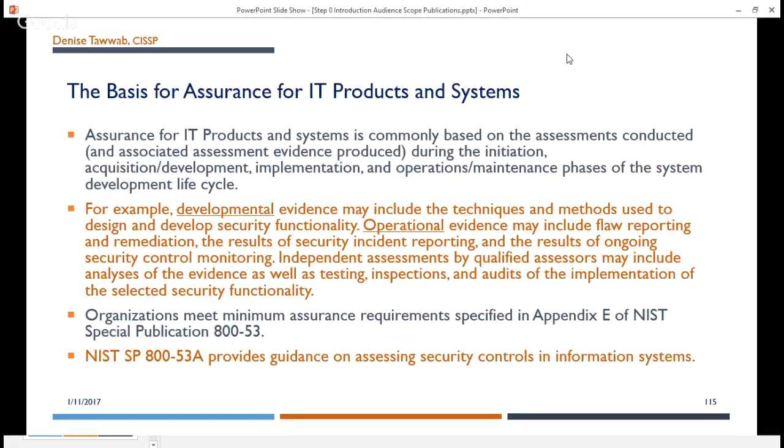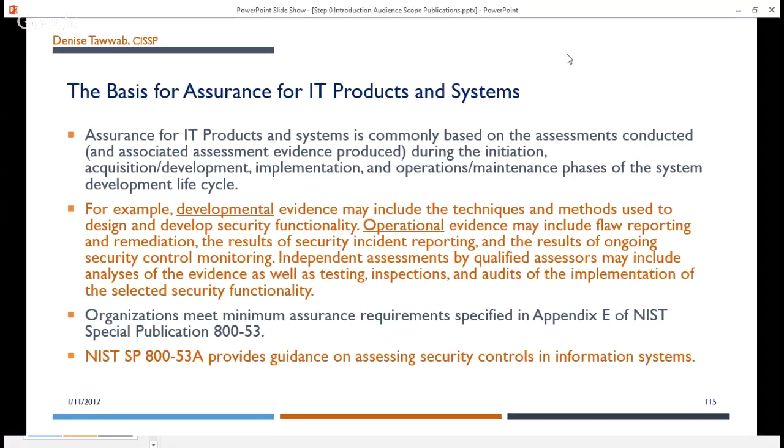All right, the basis for assurance for IT products and systems is commonly based on the assessments conducted during the initiation, acquisition, development, implementation, and operations and maintenance phases of the system development lifecycle. For example, developmental evidence may include the techniques and methods used to design and develop the security functionality of a product.